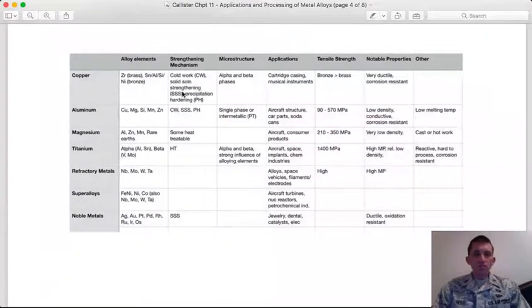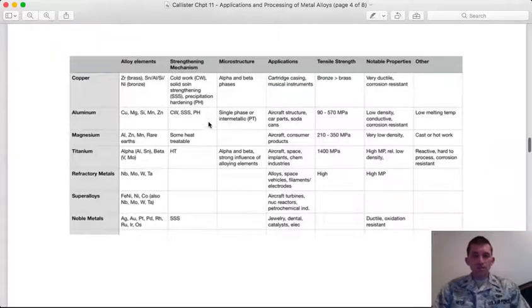You have solid solution strengthening, which we have introduced some of the ideas needed to understand that, but I think we don't introduce it until later in this talk, actually. And same thing with precipitation hardening here.